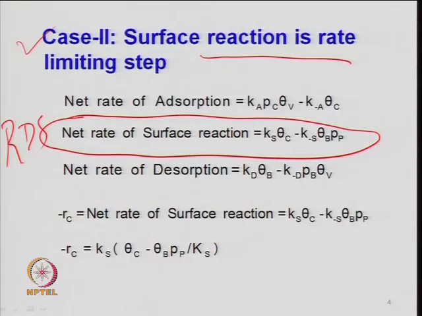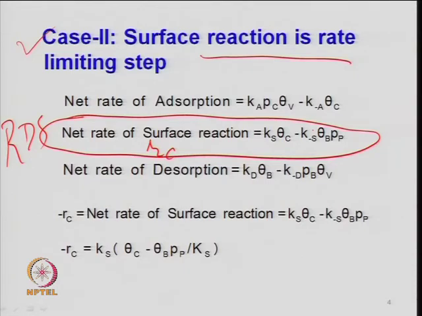So, your net rate, that is r prime cumene, will be written like this: rate of consumption of cumene or rate of reaction for cumene decomposition is given something like this. So, theta C and theta B are the unknowns of the reaction. You need to find out the unknown concentrations, right, which are the adsorbed species concentrations.